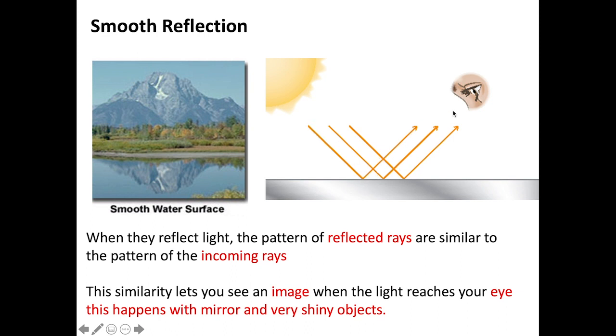They're coming in at the same angle. The fact that they do this so similarly is what allows you to see this image. When the light reaches your eyes, it's happening in the same kind of pattern as what the light hit the object in. This happens with shiny objects, with mirrors. It allows you to see an image.